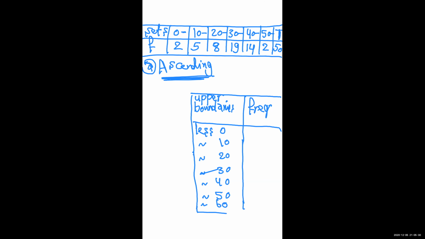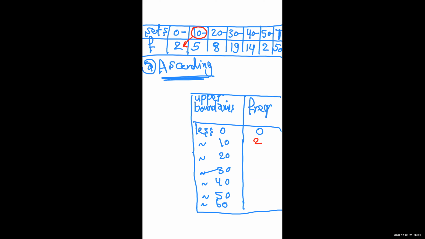So less than 0. Do we have any student got a mark less than 0? Of course no, so 0. Then less than 10. Look at the table, guys. Less than 10, so 2.